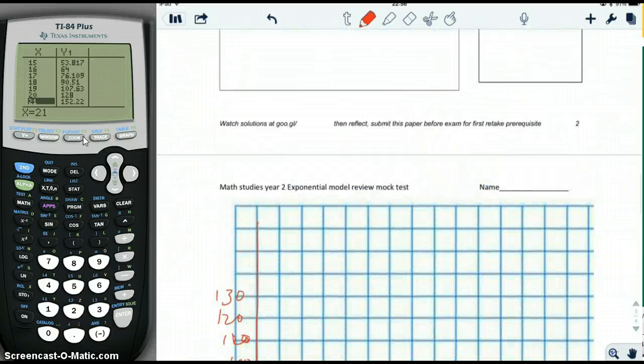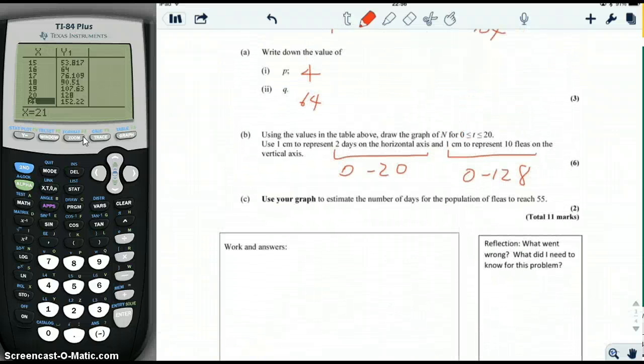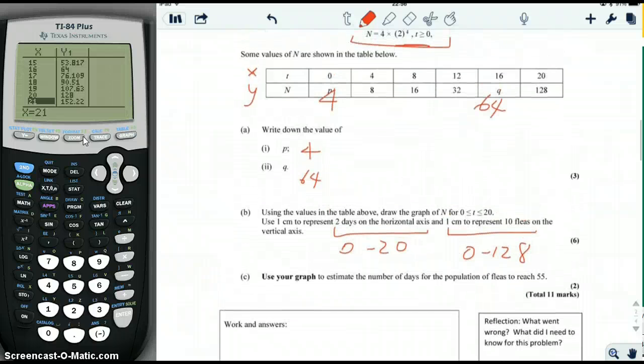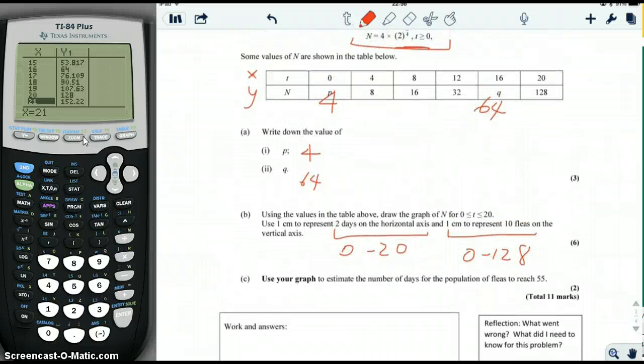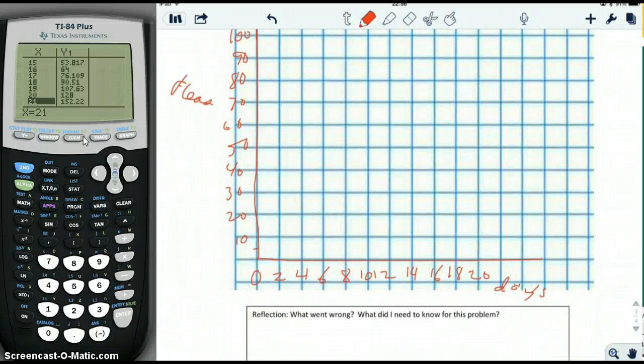Okay, and then we're just going to graph some of our numbers. For example, let's see, 0, 4, 4, 8. Then it was 8, 16.